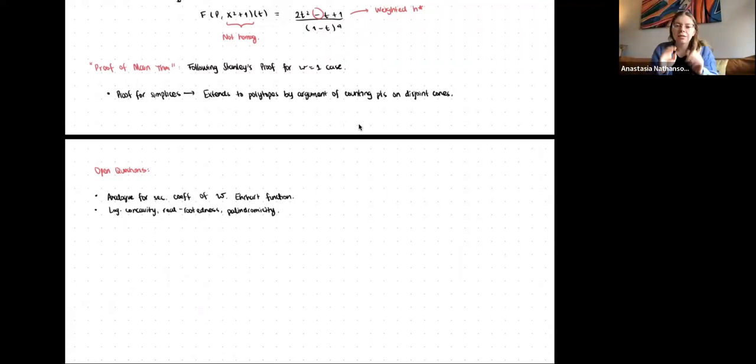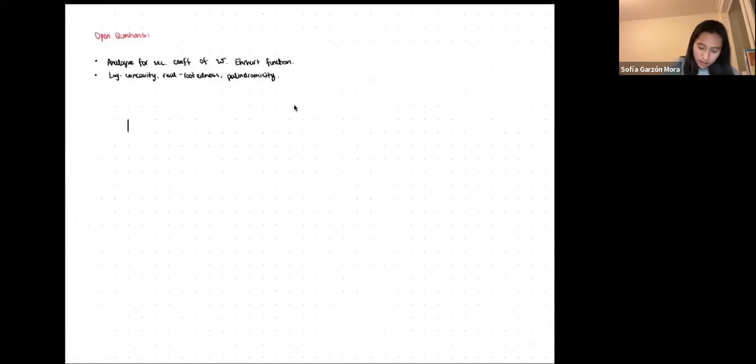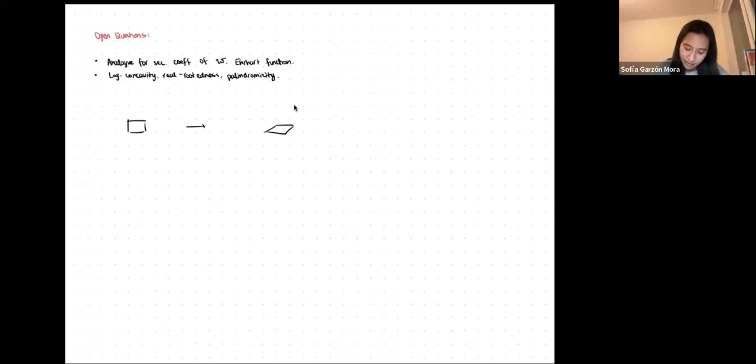Could you draw what we mean by extending polytopes into cones? Is it like I have a polytope and I draw a cone? Yeah. So for example, if you take the square, then what I mean is basically I embed this at height 1. And this is basically what I mean. So I take the cone over that polytope.